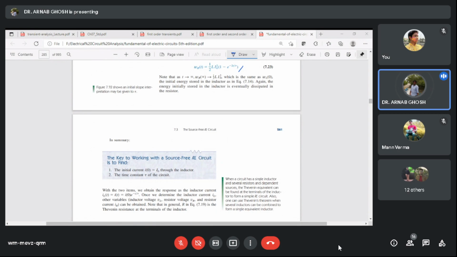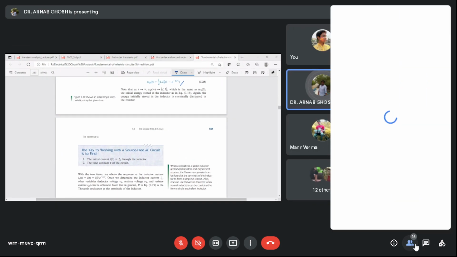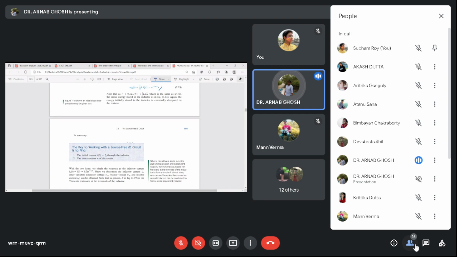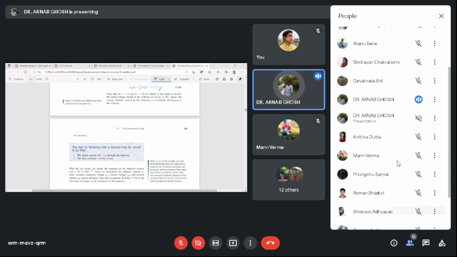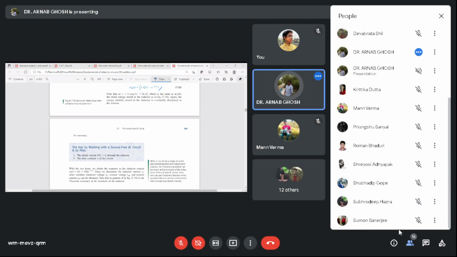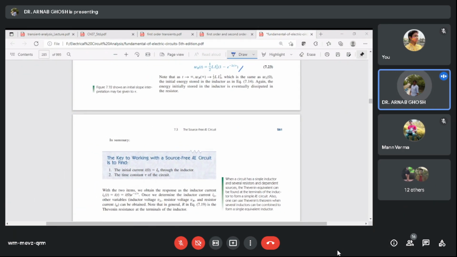For these 5 marks questions, you can have 2 subdivisions, let's say 3 plus 2, or a single question of 5 marks. So if you are asked to draw any circuit, or to give any derivations, these questions will form a part of this group B section.